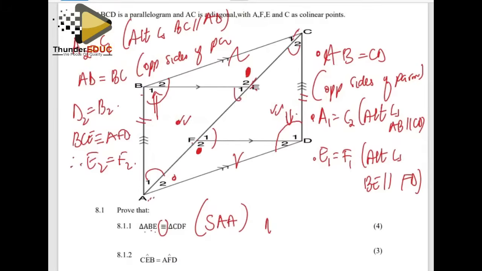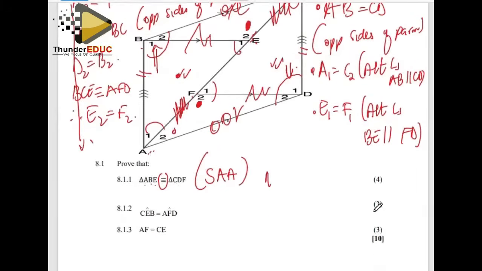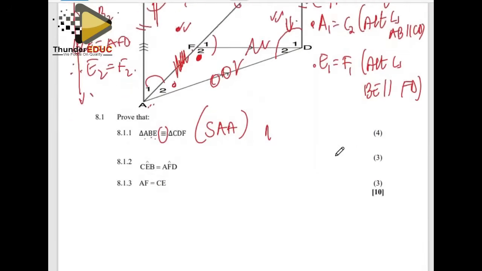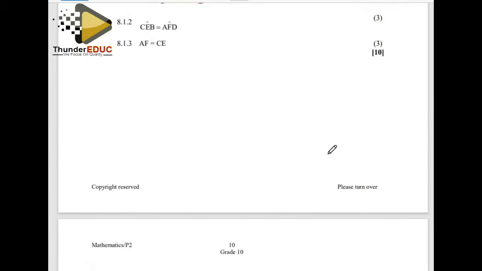I'm just going to use the same approach: these two triangles are congruent, meaning that this side must go hand in hand with that side, and this side goes hand in hand with that side, and this one here goes hand in hand with that. And then we are done with proving that those two sides are equal. So the process is more or less the same thing: prove that the triangles are congruent, and then do comparison of the sides based on the angles.